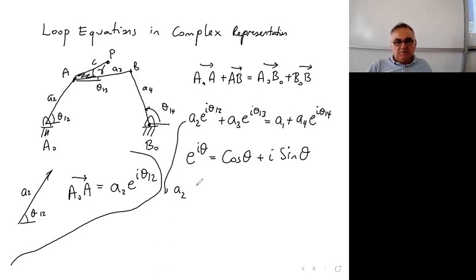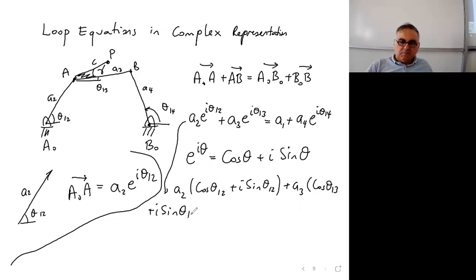A2 cosine theta 1, 2 plus I sine theta 1, 2 plus A3 cosine theta 1, 3 plus I sine theta 1, 3 equals A1 plus A4 cosine theta 1, 4 plus I sine theta 1, 4.